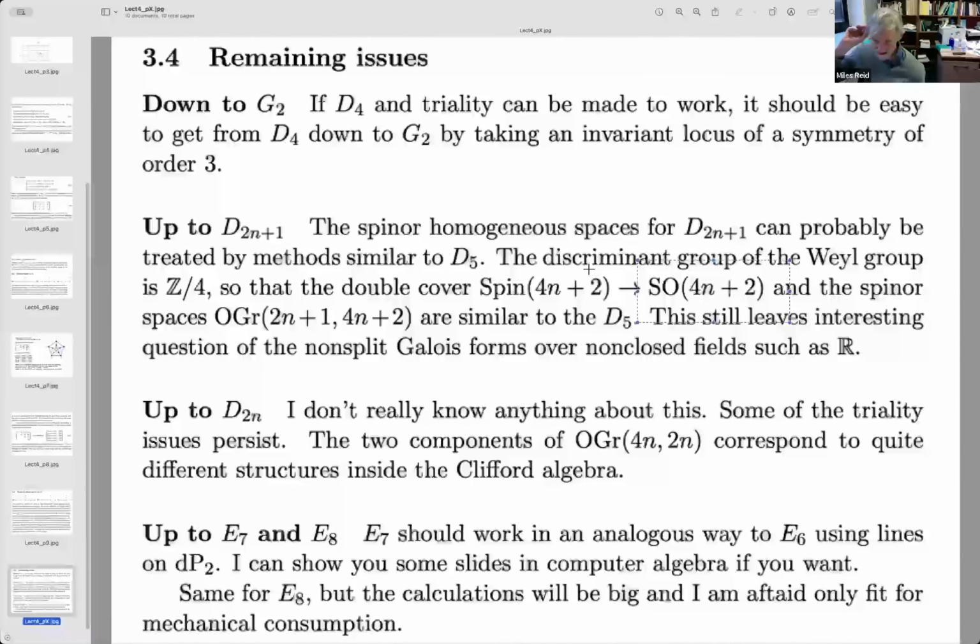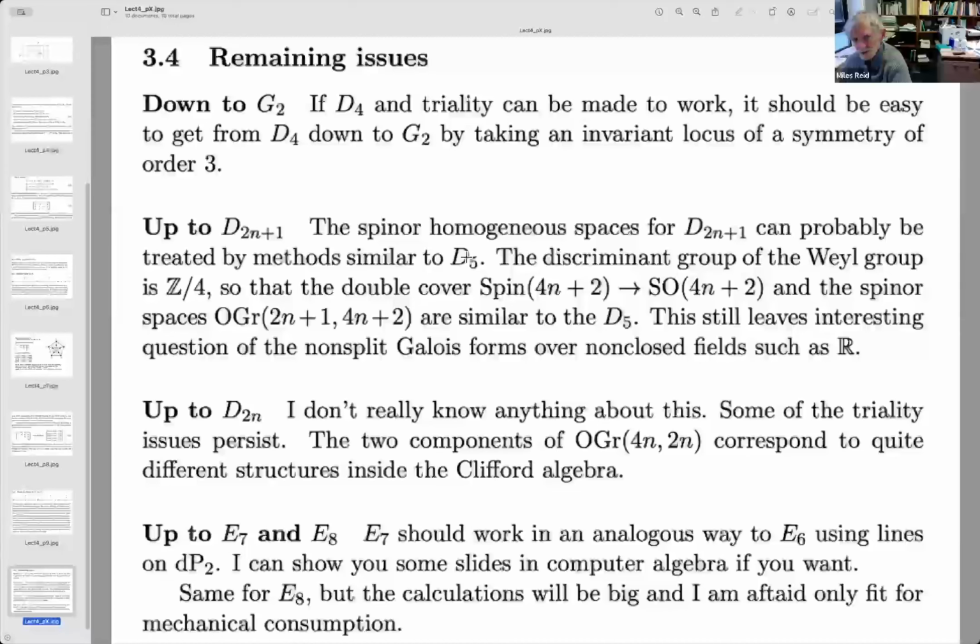That's the standard quadratic form in 4n plus 2 dimensions, and the group is the group of orthonormal matrices with determinant 1. You can define that over the reals, but I want to keep it over the complexes.